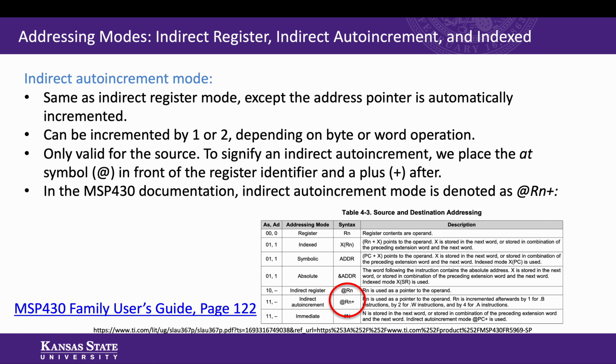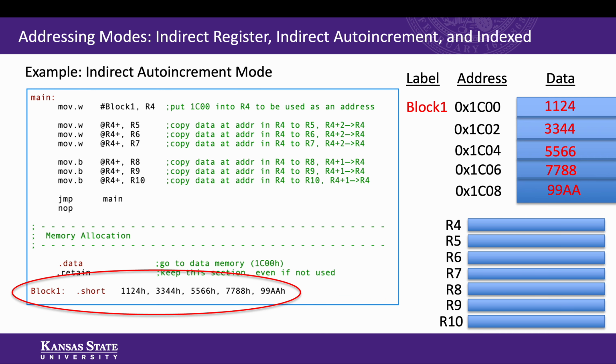And so you'll see here a snippet from the user's guide. There it is. So it auto increments. I guess maybe before we look at this example, maybe we should talk about why it auto increments.